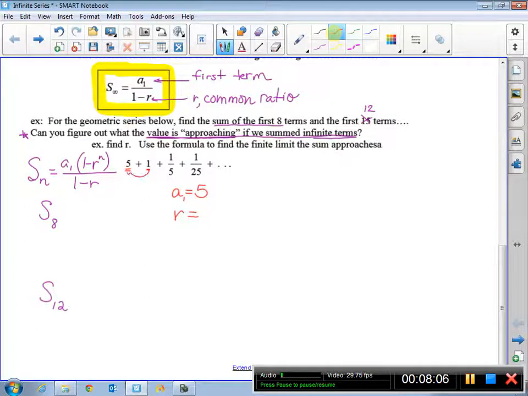I can do 1 divided by 5, 1 divided by 5. So that's nice. So filling these in for the first 8 terms, the sum of the first 8 terms would be 5 times 1 minus 1/5 to the 8th over 1 minus 1/5. Let's make sure you do all that well.